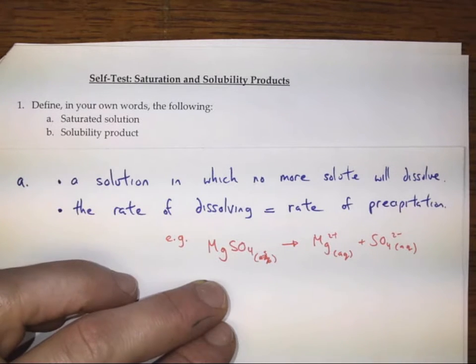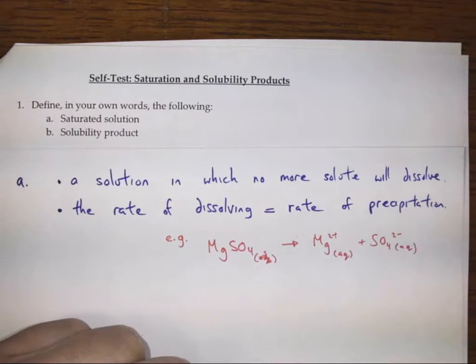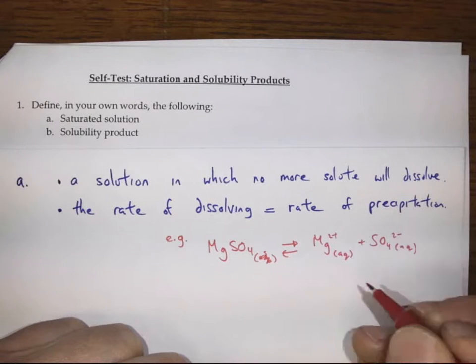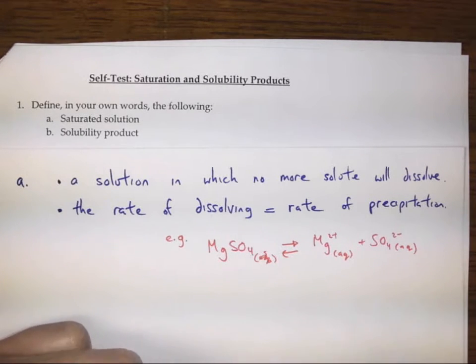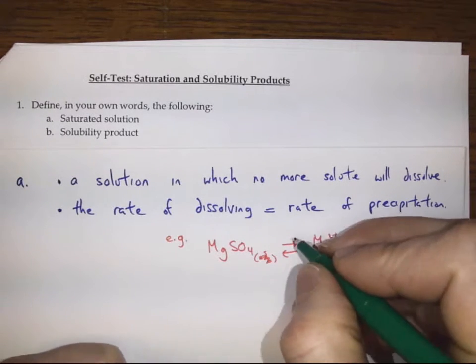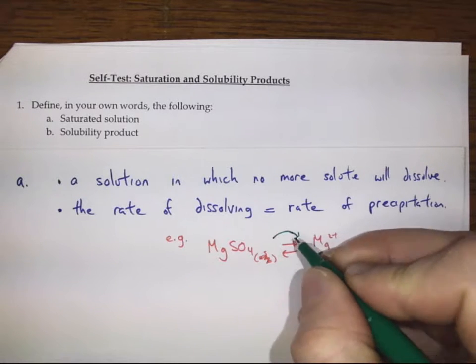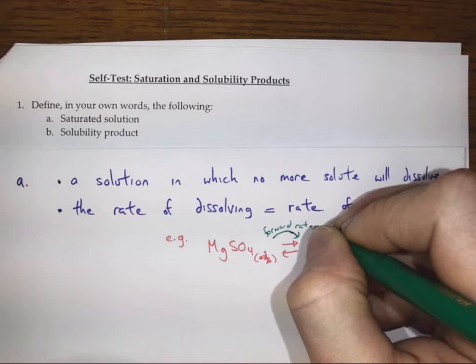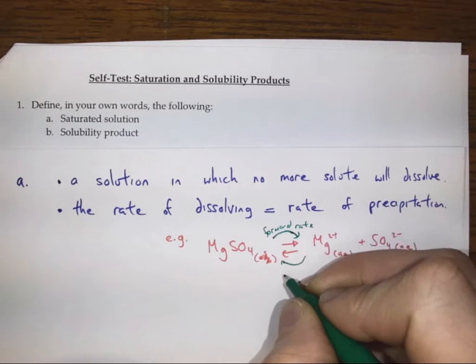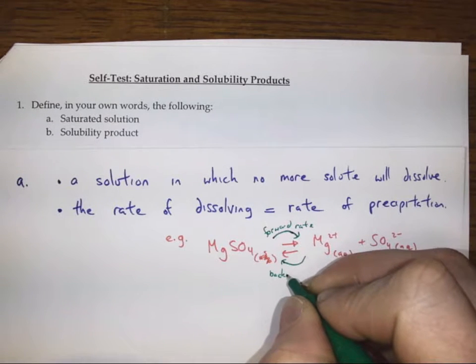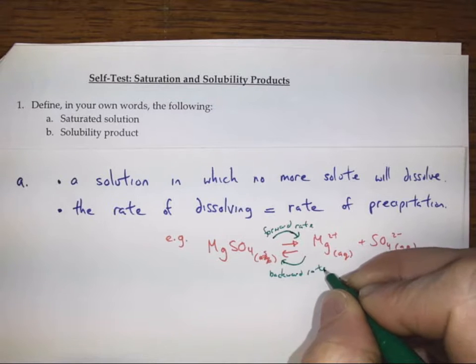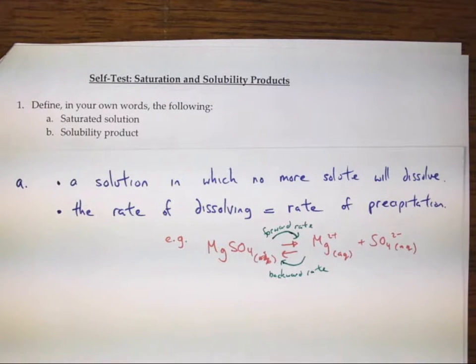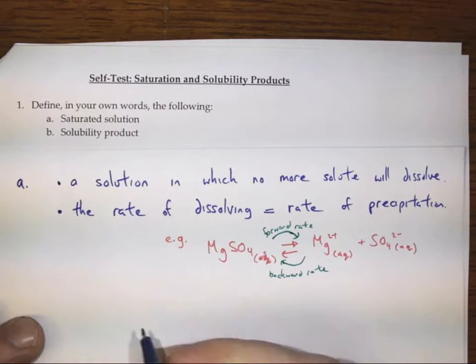So a saturated solution means the forward rate and the precipitation rate are equal. These are in equilibrium. So the forward rate and the backward rate are in equilibrium. And that's the last key idea about a saturated solution.